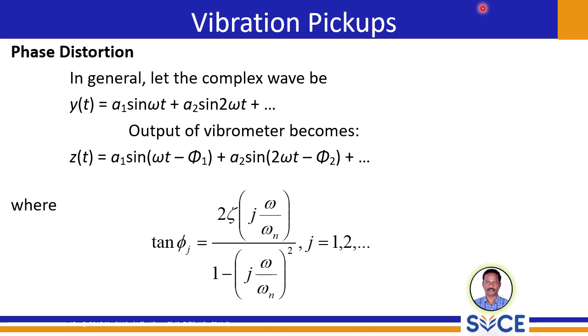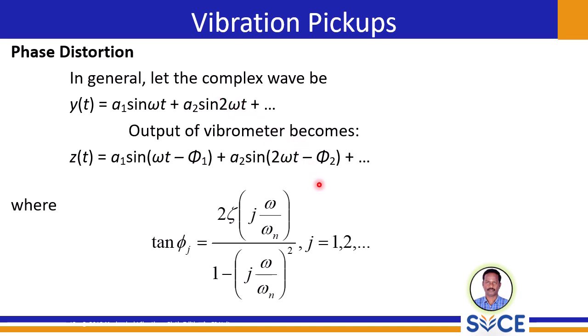When this complex signal passes through a vibrometer, each frequency component will experience its own phase shift, determined by the instrument characteristics at that particular frequency. Therefore, the output signal z of t of the vibrometer will look like this, with phase shifts phi 1, phi 2 for the individual corresponding frequencies.